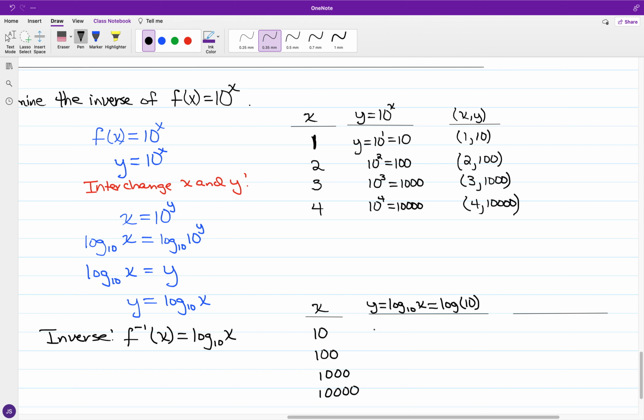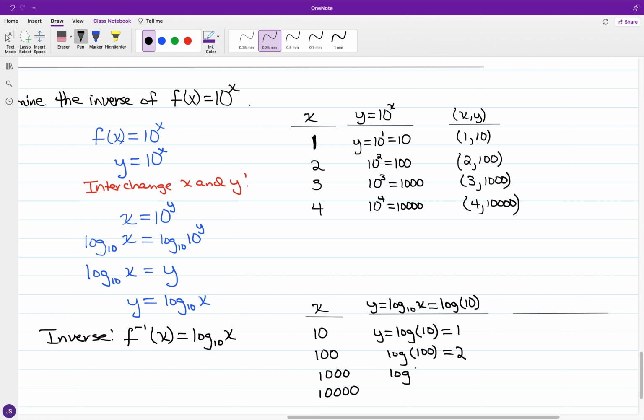First, for y, if I'm taking the base 10 logarithm of 10, or log of 10, that's going to go to 1. Base 10 logarithm of 100, think of 100 as 10 to the second power.